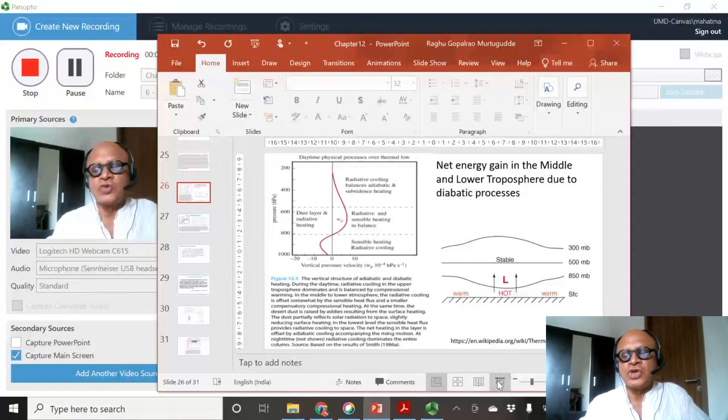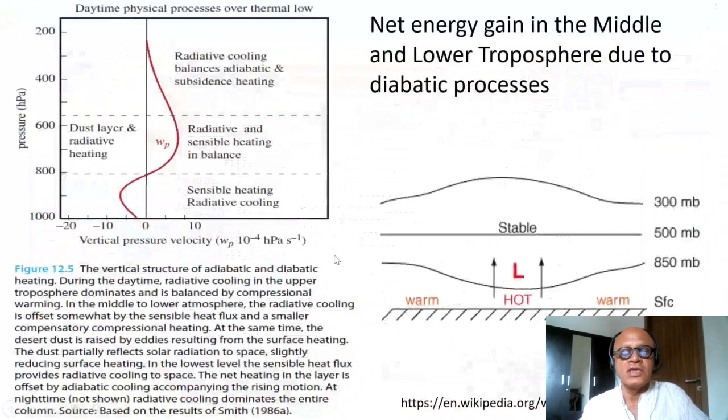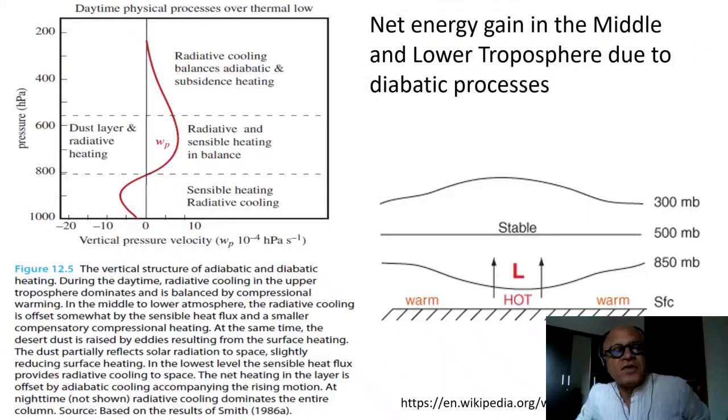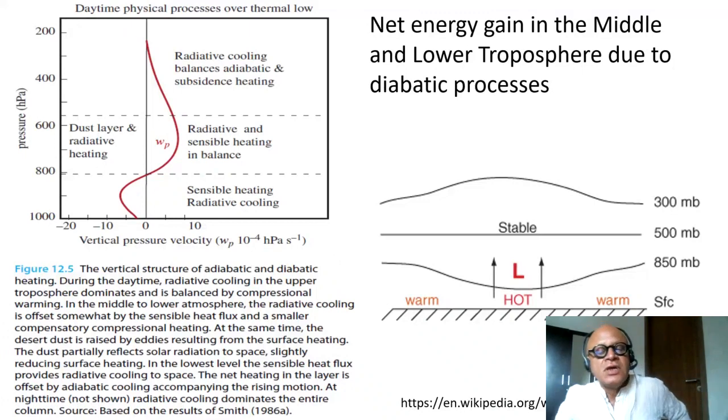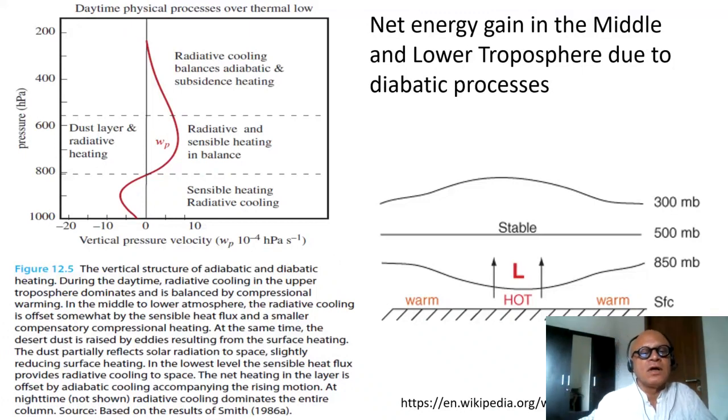Let's look at another cute thing that happens with the desert mechanism in the neighborhood of the monsoon. We looked at this profile before, and talked about how the daytime physical processes happen over the thermal low. There is sensible heating and radiative cooling balancing each other in the lower part.